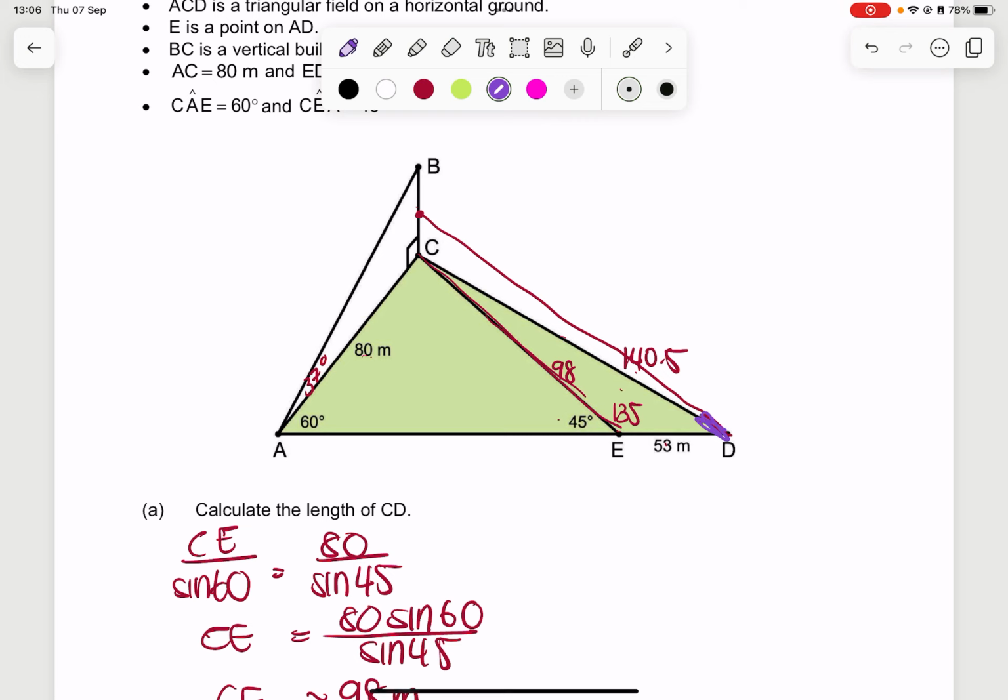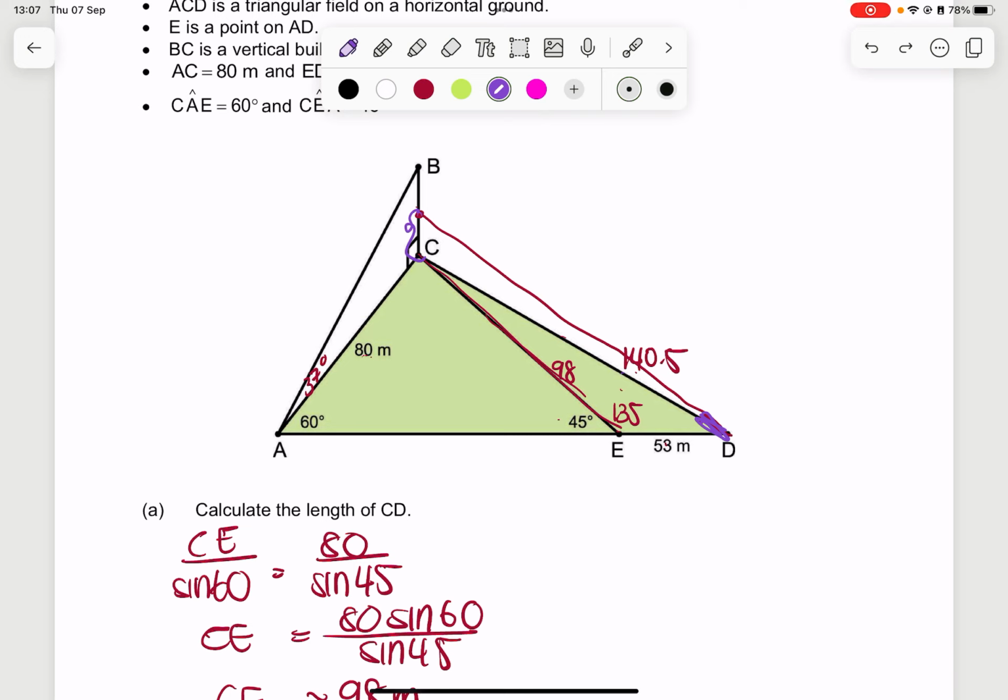Right. So in order to do that, we need to find what BC is, or whatever that value is here, so that we can use this length CD to use a trig function to be able to find that, right?